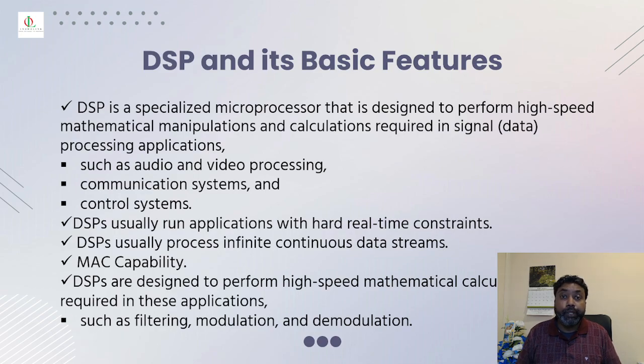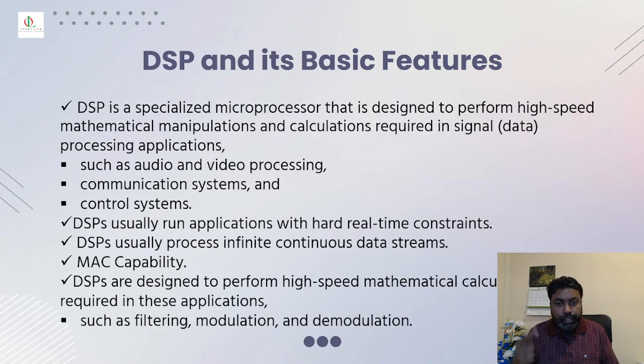And DSP usually processes continuous infinite streams of data. So no matter what, it keeps on processing behind the scenes, so you would be able to process your images and your videos. And one big thing is its MAC capability, multiply and accumulate. So you can do multiple multiplication and addition operations pretty much faster than anything else.